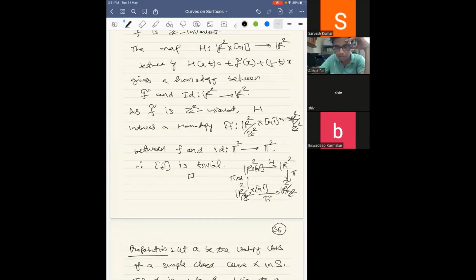So where is the problem? Let us write it. What is H tilde of the equivalence class of x and t? What will be the definition?